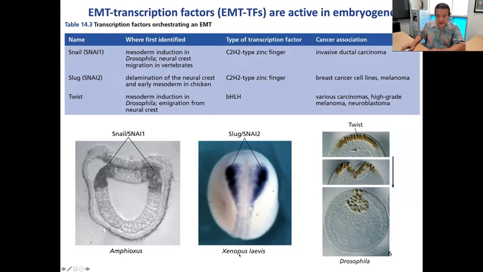Here in Xenopus, a frog embryo, you can see at this point, slug protein expression is really ramped up in these particular cells in this part of the embryo. At this point, the embryo is maybe like 1 million or 2 million cells or so, but very clearly, certain cells are expressing a lot of slug.